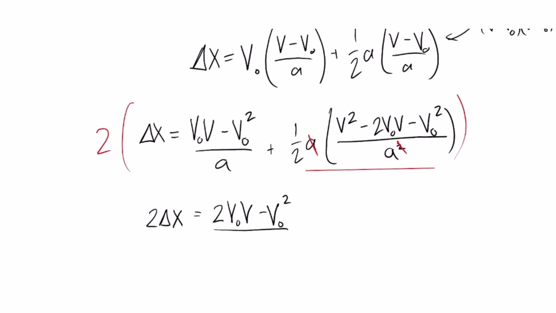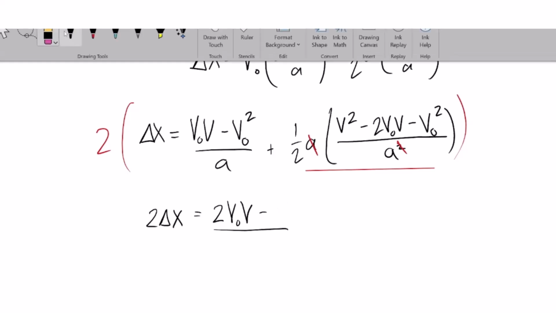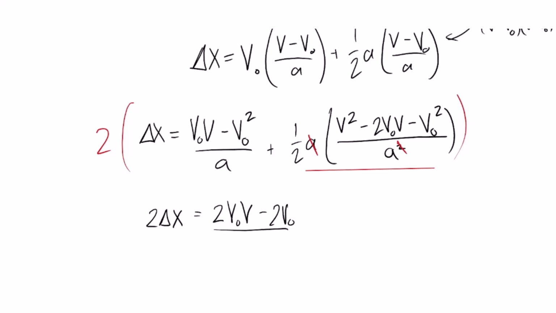I'm sorry, that would be 2v naught squared over a. The 2 would cancel out this for that whole term. So you get v squared minus 2v naught v minus v naught squared over a.